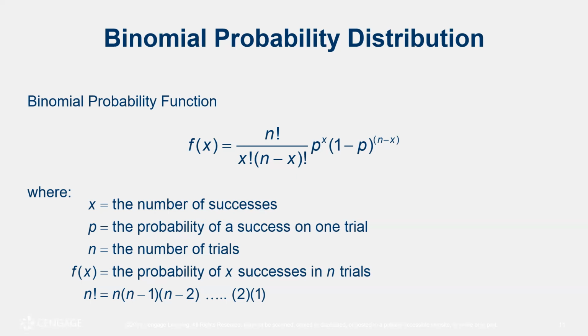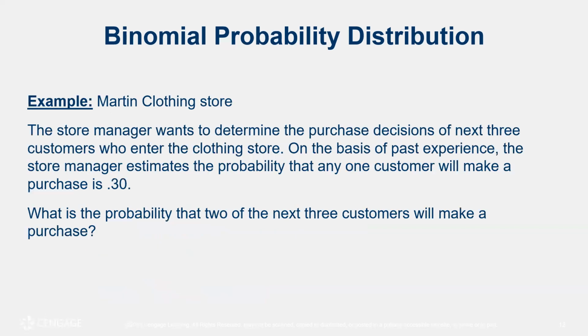In other words, we could build a little calculator that would do that. And then all we'd have to do is change our n, our p, and our x, and it would work, okay? So it's not as hard as it sounds once you break it down piece by piece. But the good news is that there is an Excel function called BINOM.DIST for binomial distribution, which I'll show you.